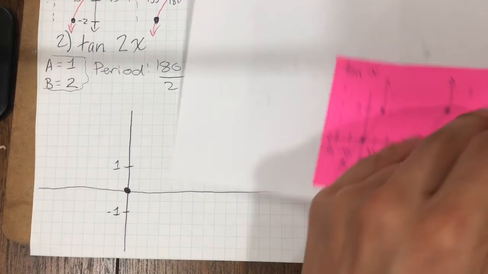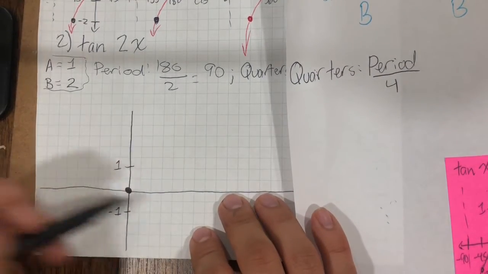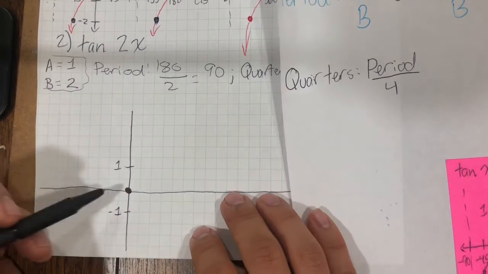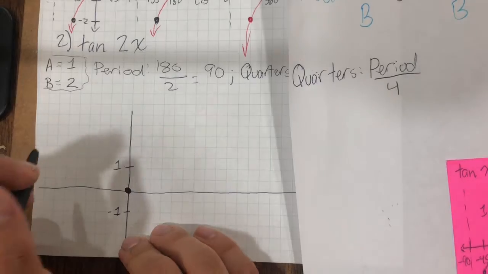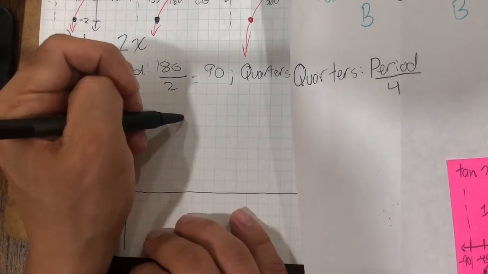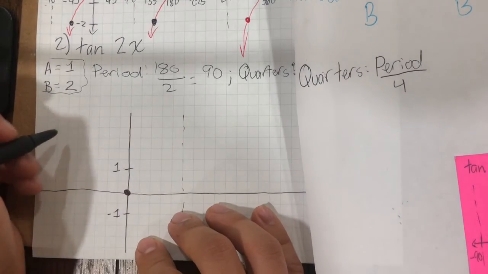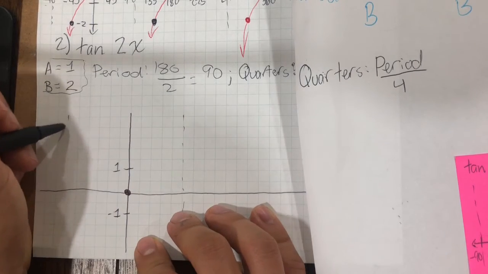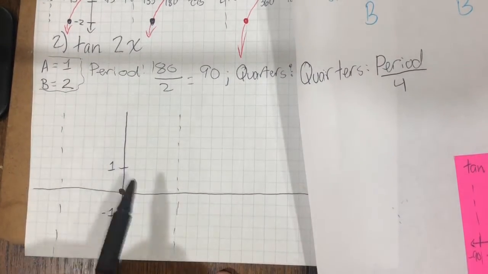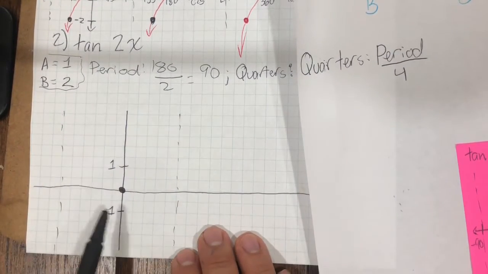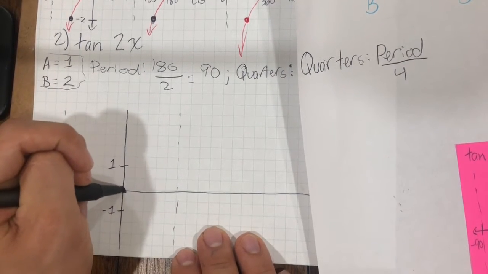So now we gotta figure out what are gonna be my numbers for the asymptotes since the x values change. All right, so if you recall, there's always an asymptote on each side of the 0, 0.